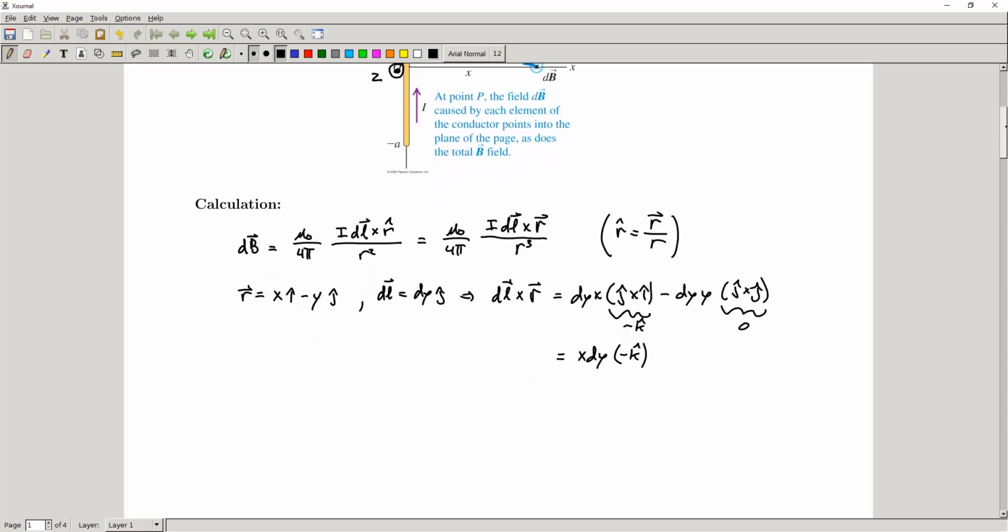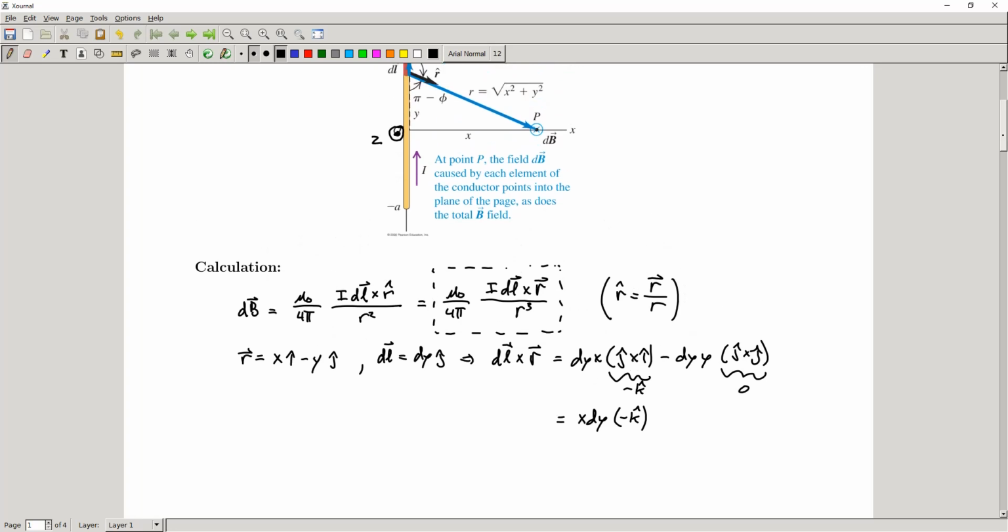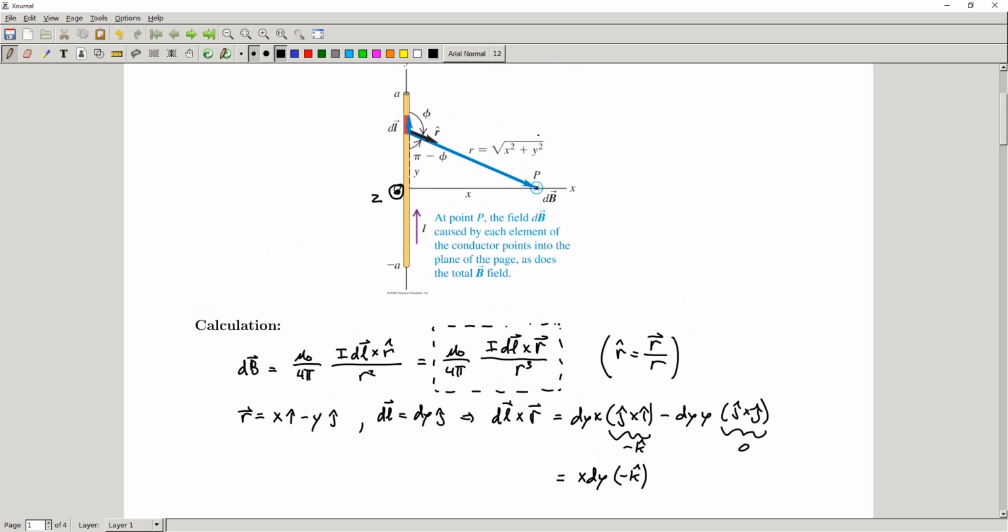Before we get into integrating this expression here, we also need to know what r is in terms of x and y. Well, we can easily get that if we just look at the diagram. Actually, they gave it to us here, but we could easily get this just from Pythagoras, right? x squared plus y squared is going to be our third side.